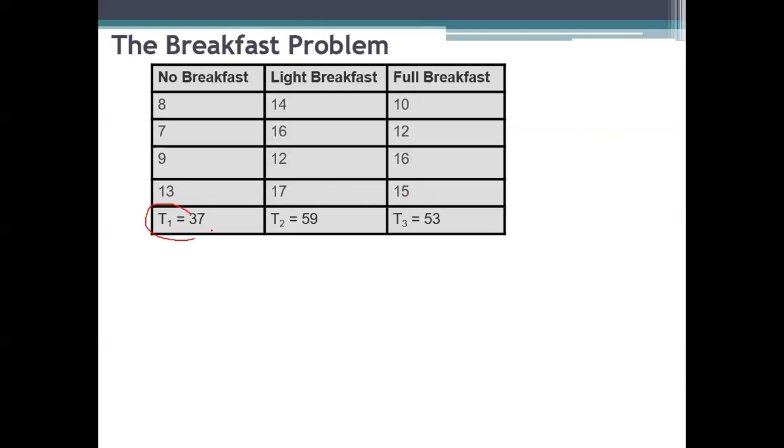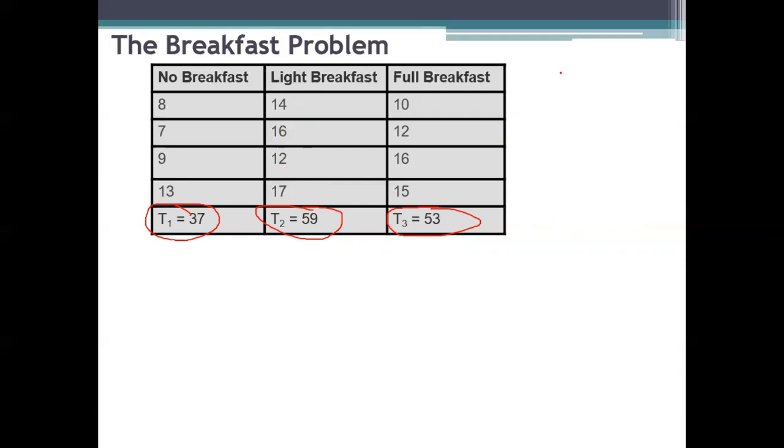We can label it as T1 mean, T2 mean, and T3 mean. So how to get 37? That is 8 plus 7 plus 9 plus 13, divided by 4 because we have 4 values. So we get 37. Same here for light breakfast. How to get 59? 14 plus 16 plus 12 plus 17, divided by 4 because we have 4 values here. So we get 59.